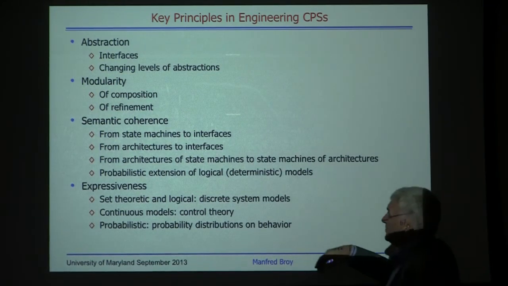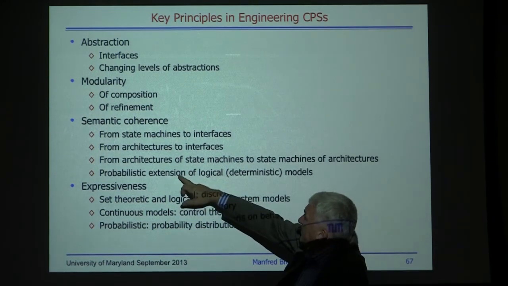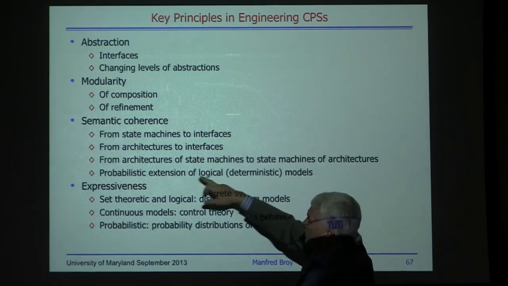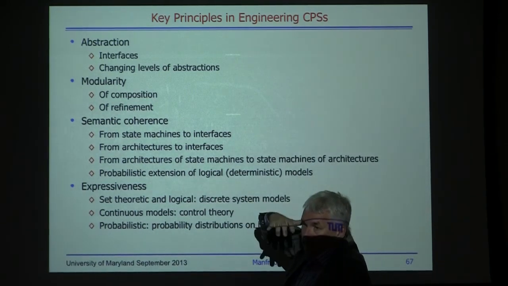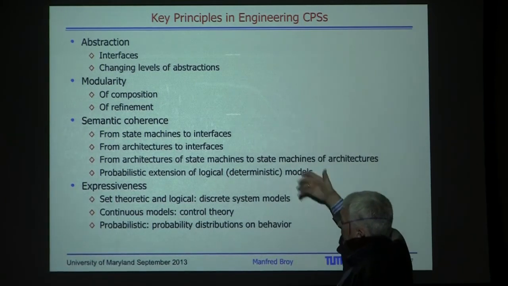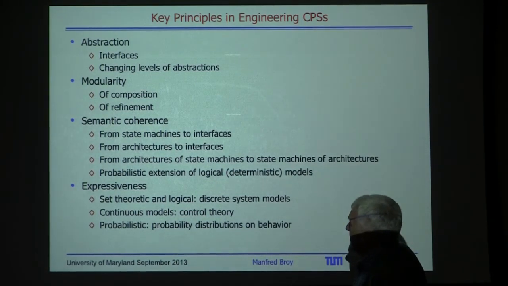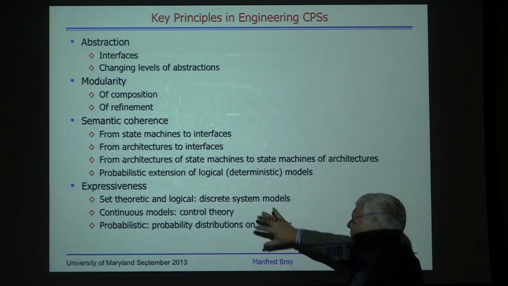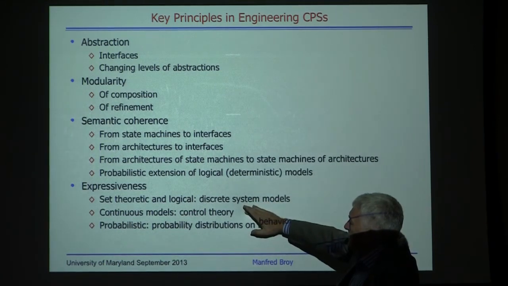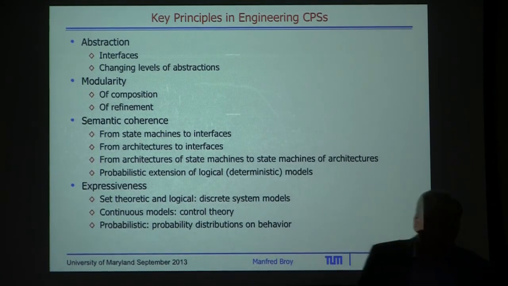And you need, for instance, semantic coherence by extending deterministic models to probabilistic models without having any violation of the properties you have seen at the deterministic level. And so you get 3 forms of expressiveness: set theoretic and logical, continuous models for control theory, and probabilistic models.